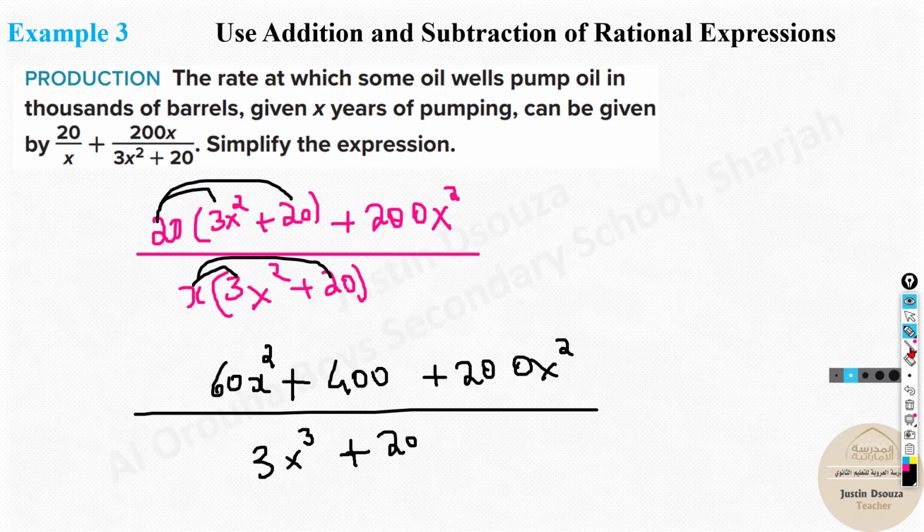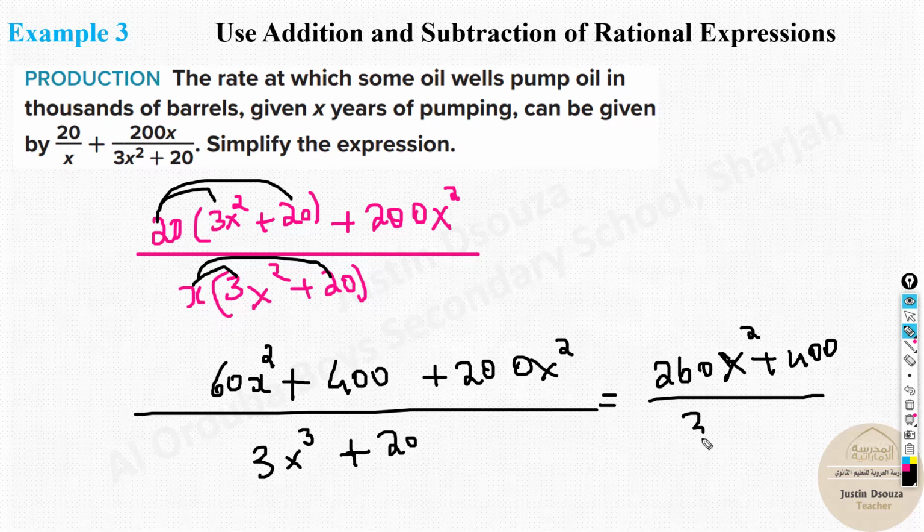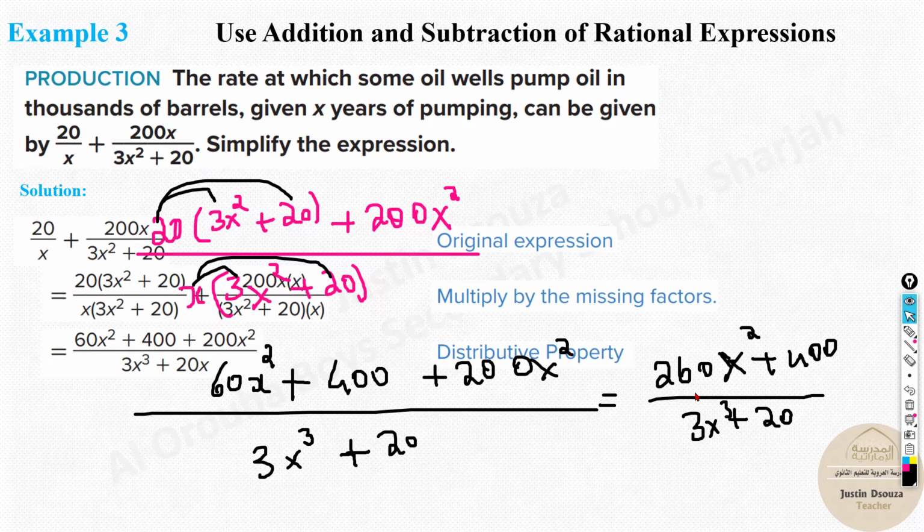You can't take anything. You can just rearrange. Oh, there's one simplification which I forgot, sorry. This is 200 plus 60, 260x squared plus 400, divided by 3x cubed plus 20. Now that would be the answer. Yes, it's 260x squared plus 400 divided by 3x cubed plus 20.